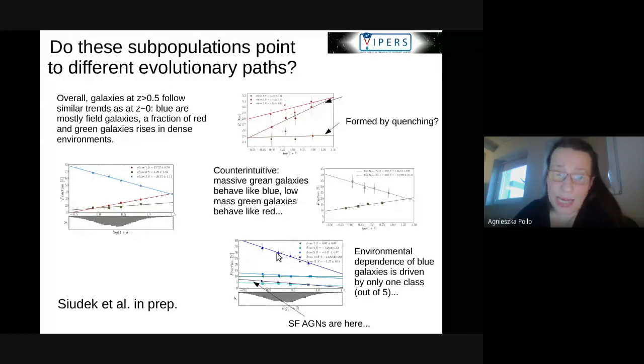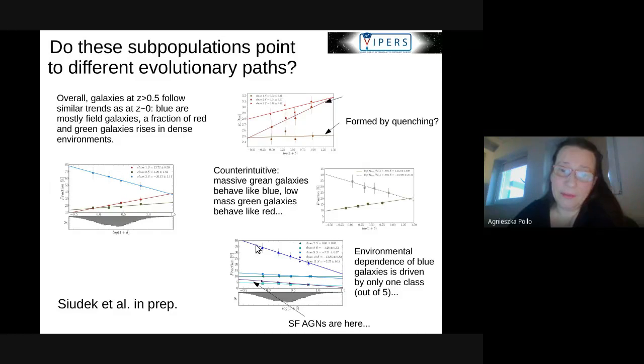For the blue galaxies, on the other hand, we are quite used to the notion that blue galaxies are less abundant in dense environments, more abundant in less dense environments.